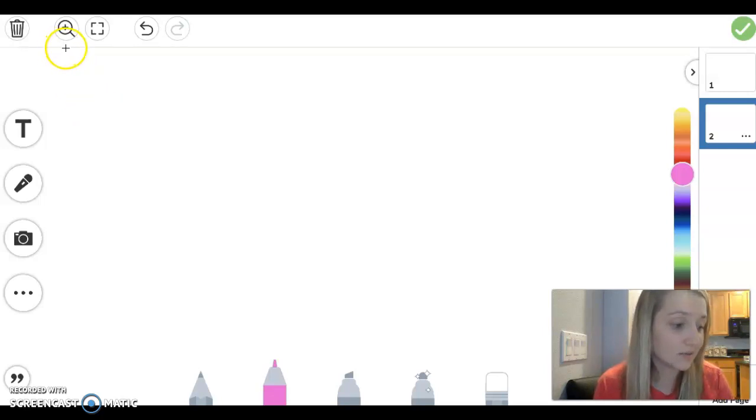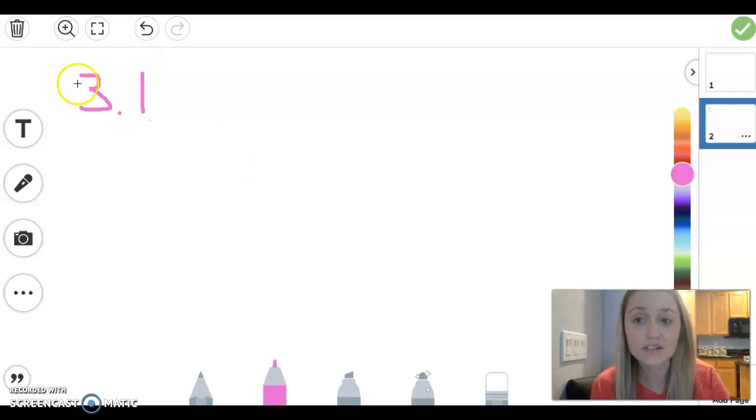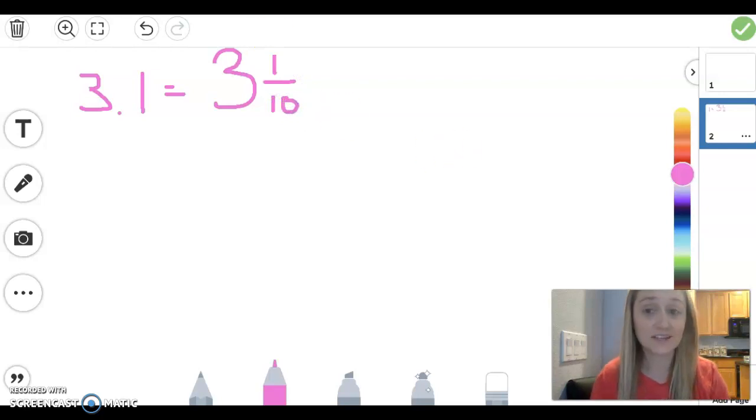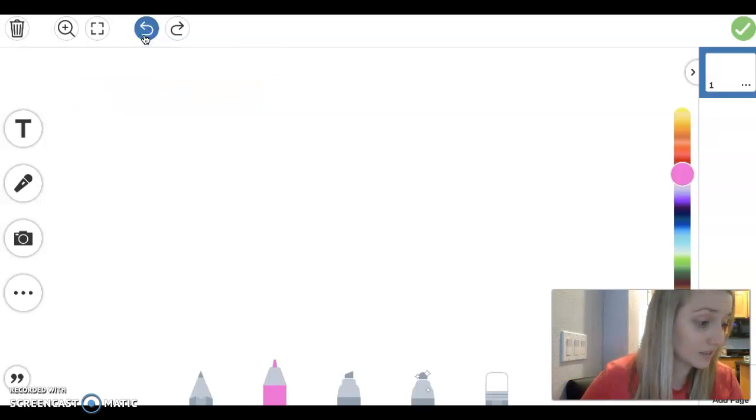So let's say we have this number here, like 3.1. Since this is a whole number, you'd write it as 3, and then because the 1 is in the tenths place, 3 and 1/10. Okay, that's it.